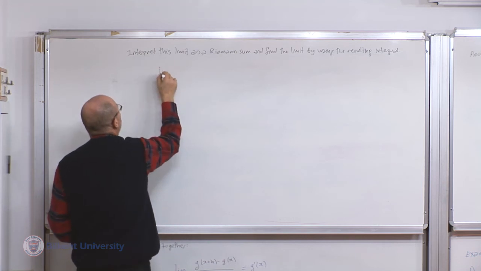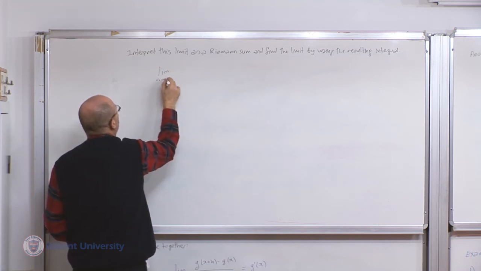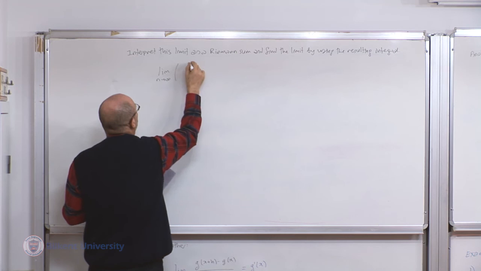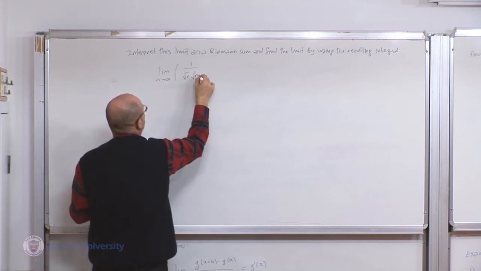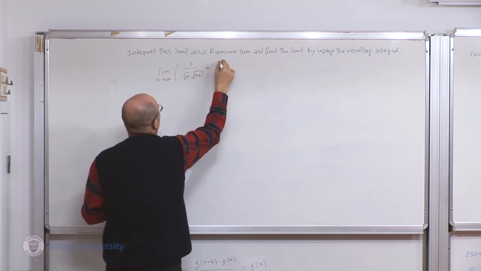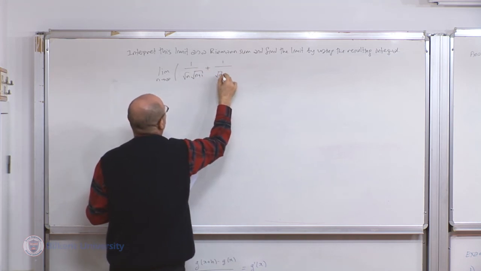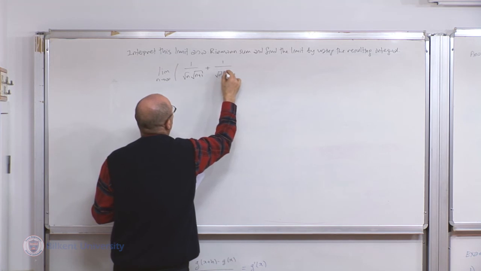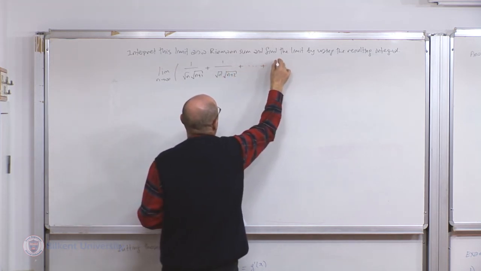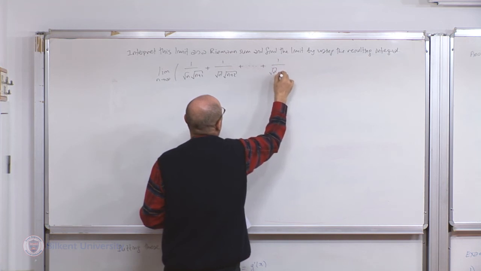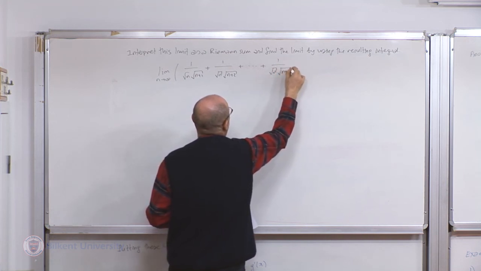So here the problem is: the limit as n goes to infinity of 1 over square root n times square root n plus 1, plus 1 over square root n times square root n plus 2, dot, dot, dot, plus 1 over square root n times square root n plus n.